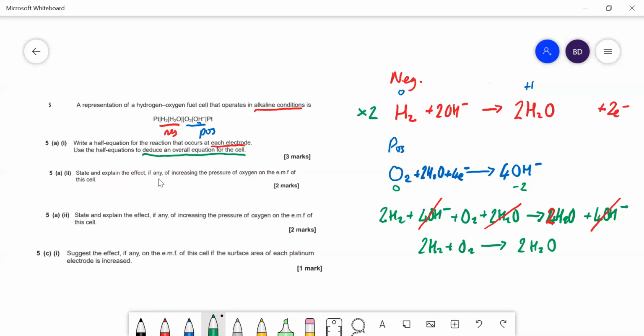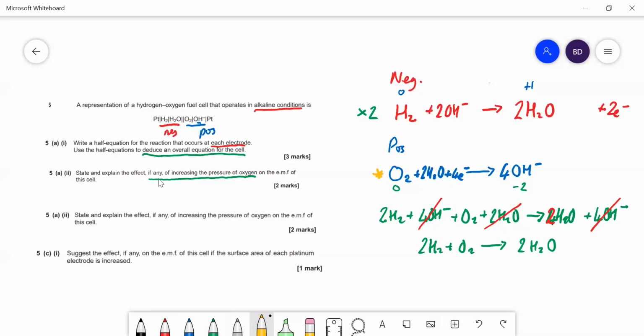5A then. State and explain the effect, if any, of increasing the pressure of oxygen on the EMF of the cell. Now, if we increase the pressure, we've got to think about this half equation here. If we increase the pressure of oxygen, that's like increasing the concentration.